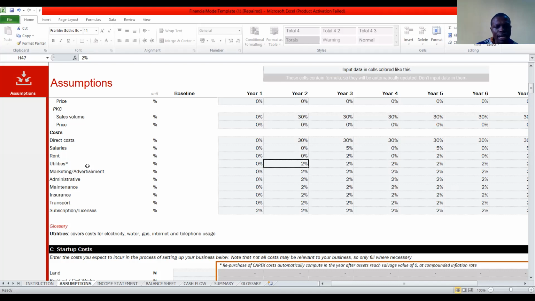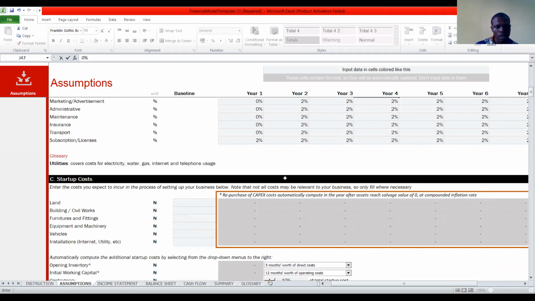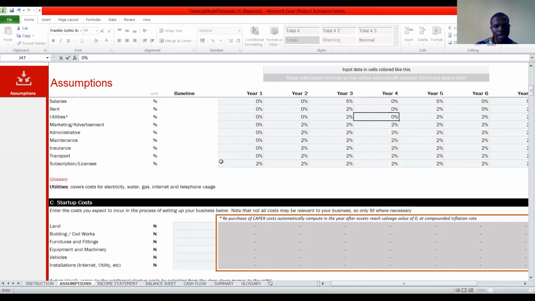So then utilities, you can decide to increase utility by 2%. See, the figures I'm using are not cast in stone. You can use your own projection, but ensure that at last you are presenting a viable application. Okay. So licensing is a one-off thing. So no increase.